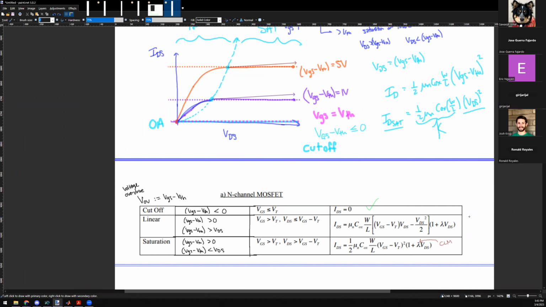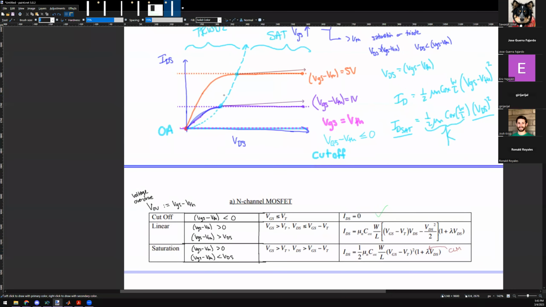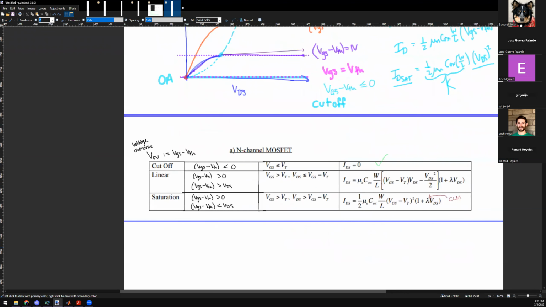That's literally it. That's what the world decided on for MOSFETs. You measured the curves and we said, here it's like a polynomial, and here it's like a line. That's it. That's the great modeling of MOSFETs.